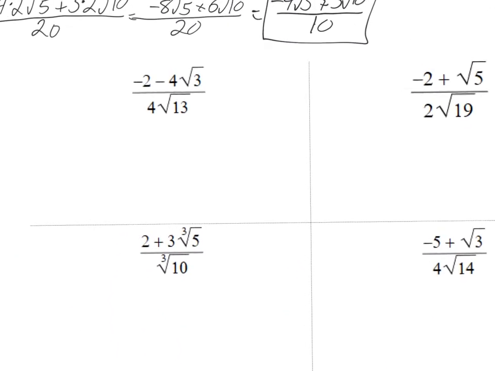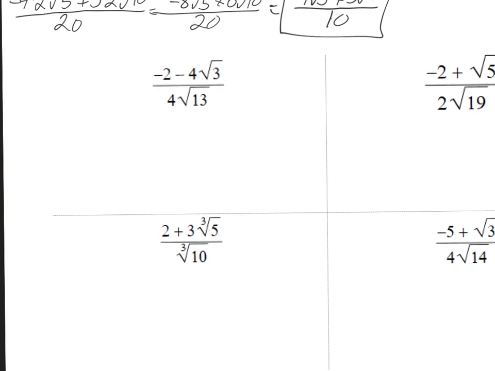Okay, so starting up with this top one, we can do this one together. We're going to multiply the top and the bottom by radical 13. So that's going to give us negative 2 radical 13 minus 4 radical 39 over 4 times 13, because radical 13 times radical 13 is just 13.